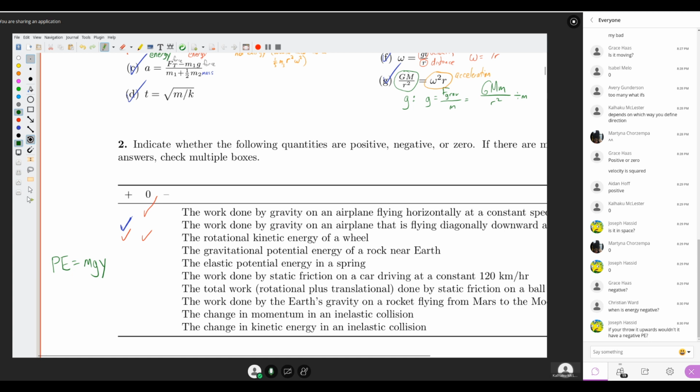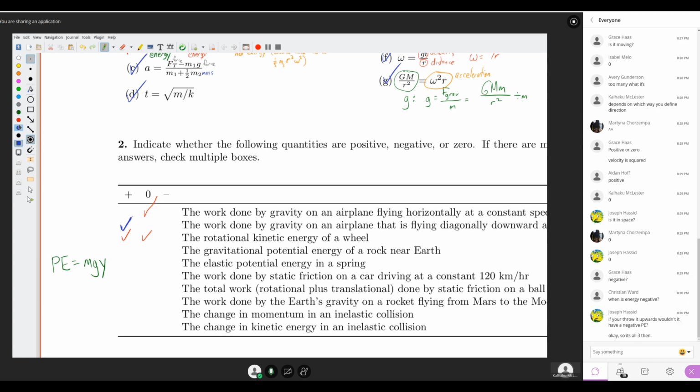If you choose y equals 0 to be at your hand, then it would have positive potential energy if it's up in the air. But if you choose your 0 height to be somewhere above you, then it would have negative potential energy if it is below that. Yep, exactly. This one is all 3 because we have freedom to choose our coordinate system.